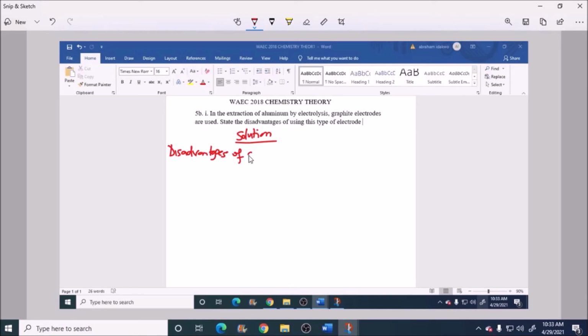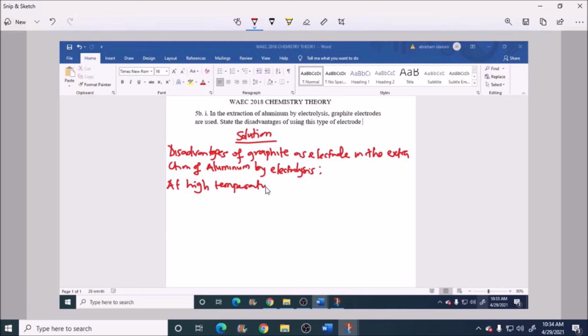the disadvantage of graphite as electrode in the extraction of aluminium by electrolysis is that at high temperature, the oxygen gas produced at the anode reacts with this graphite.